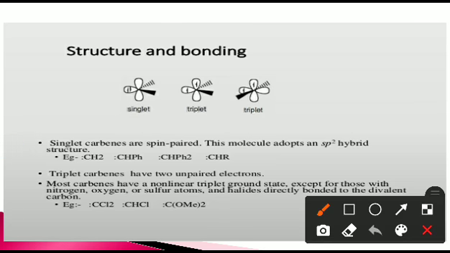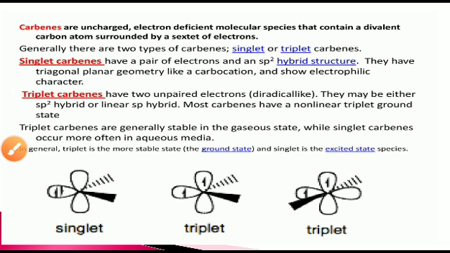The singlet carbenes are mostly CH2, CHPH2, CHR, where R substituents are attached to the carbene. An electronegative atom attached to the carbene gives the triplet carbene, that is CCl2, CHCl, C(OMe)2. An electron accepting group attached to the carbene gives the triplet carbene, and an electron donating group or R group attached to the carbene gives the singlet carbene.